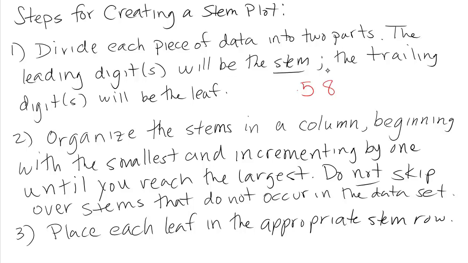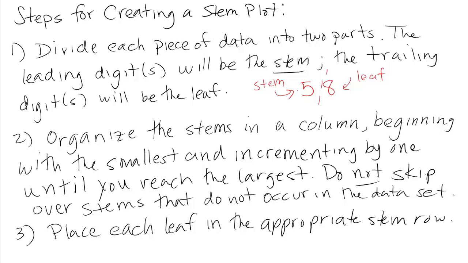I'm going to imagine dividing that into two parts between the 5 and the 8. So I get a leading digit of 5 and a trailing digit of 8. That leading digit of 5 we would call the stem, and the trailing digit, the 8, is what we call the leaf. So with this division, the stem would be 5 and the leaf would be 8.